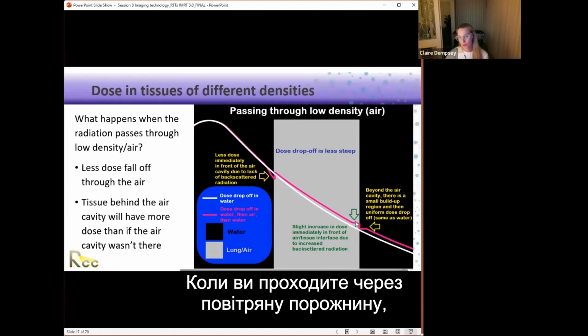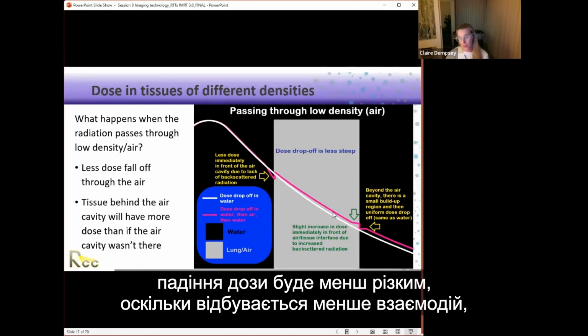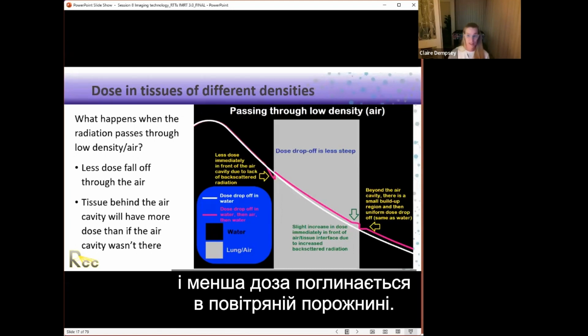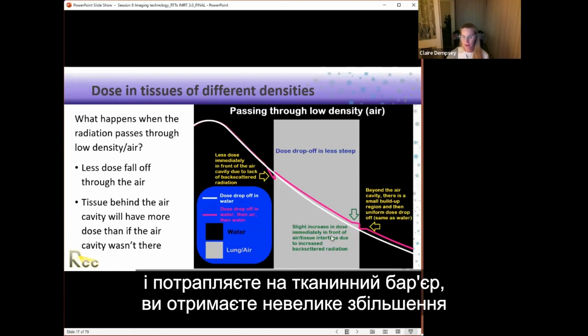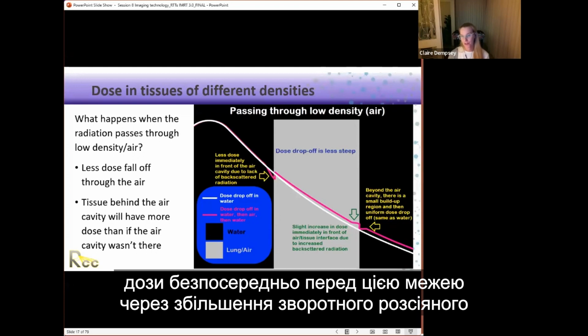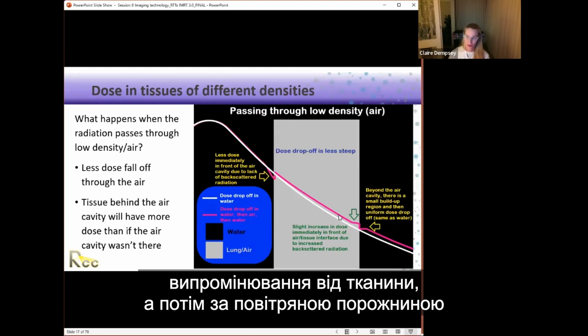As you pass through the air cavity, the dose drop-off is going to be less steep because there's going to be less interactions going on, less dose being absorbed in an air cavity. And then as you come to the end of the air cavity and hit a tissue barrier, you'll get a slight increase in dose immediately in front of that interface due to an increase in backscattered radiation coming off the tissue.